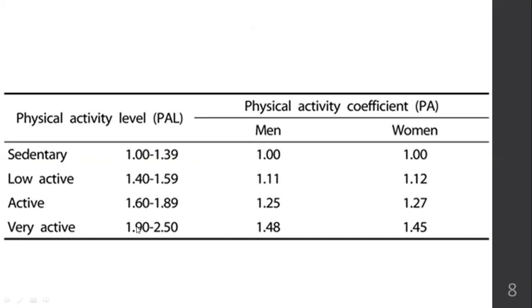Do you remember we just did the calculation of BMR? Do you remember that formula? Mifflin-St Jeor. And we got an answer of approximately 1260. Somebody got 1264, somebody got 1265. Remember, you have to multiply the physical activity level to the BMR.